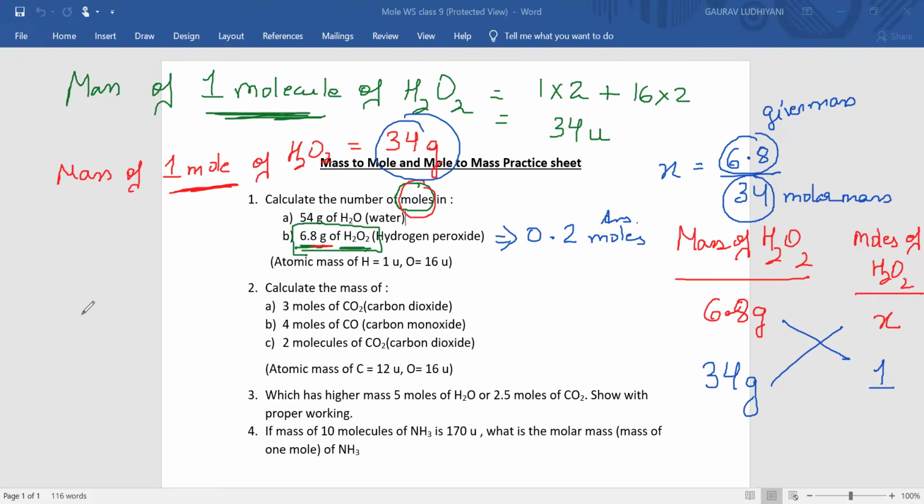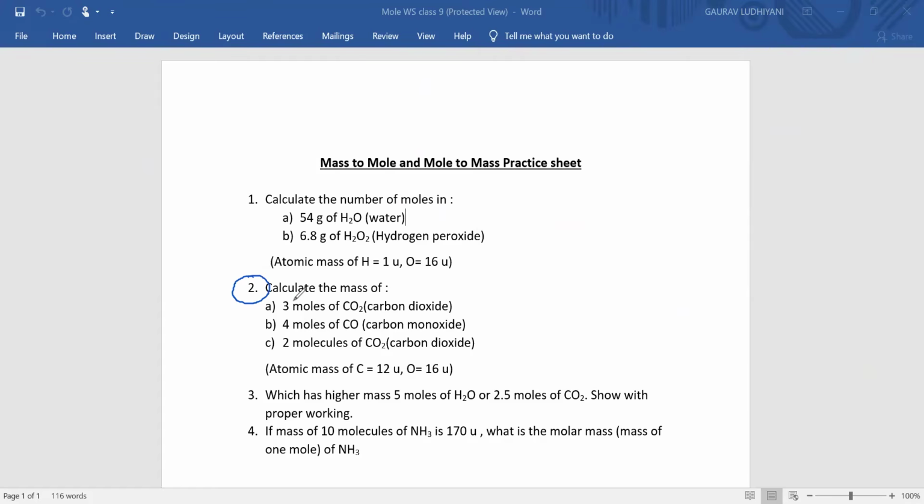All right, let's move to the next question. Question number 2. Calculate the mass of 3 moles of carbon dioxide. So again, very simple, and the individual masses have been given to you. So mass of one, I always know this is the best resource, so I can calculate mass of one molecule of CO2.